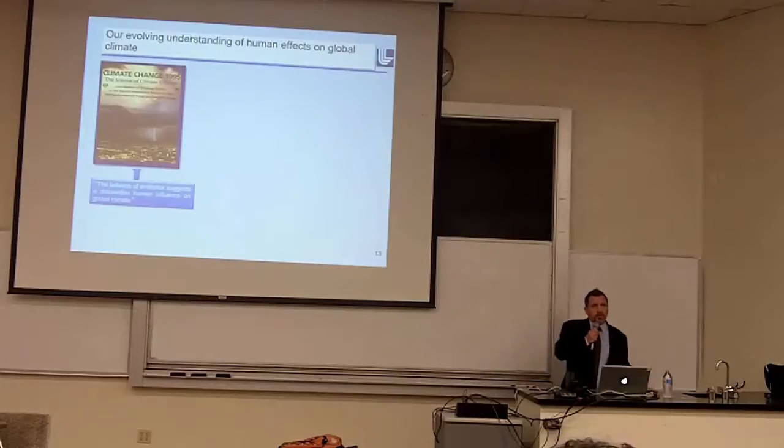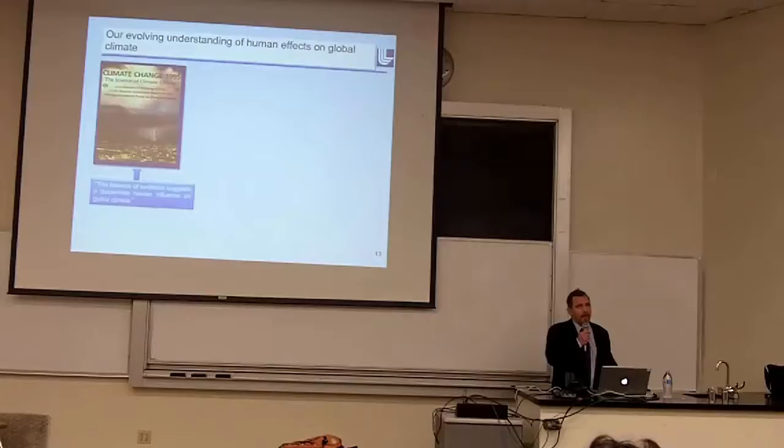And after several years of study, lots of meetings all around the world, many dozens of scientists participating in this evaluation of the then available scientific information, our bottom line finding was, quote, "The balance of evidence suggests a discernible human influence on global climate."